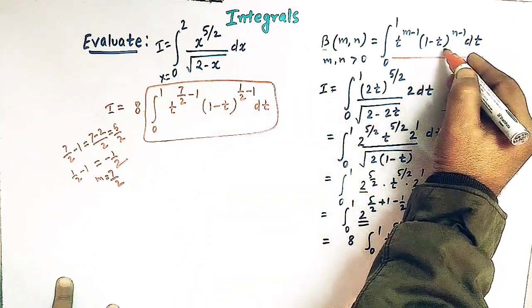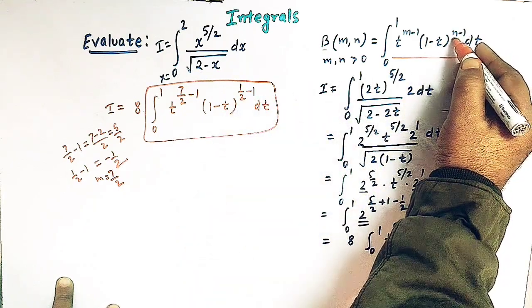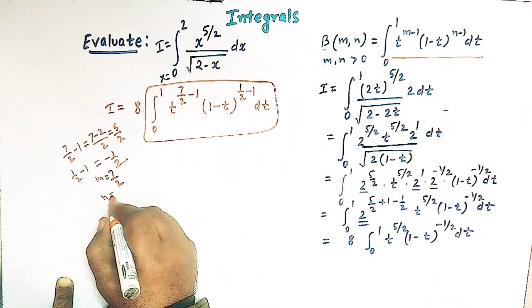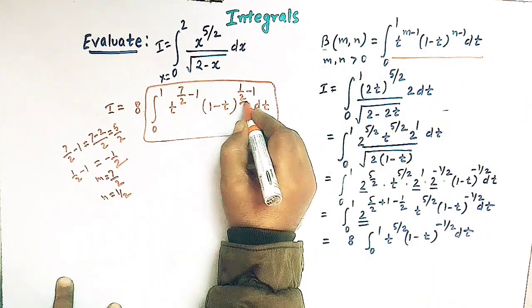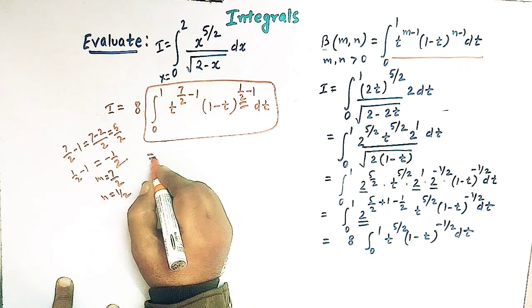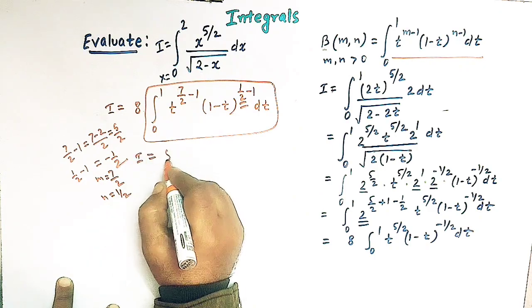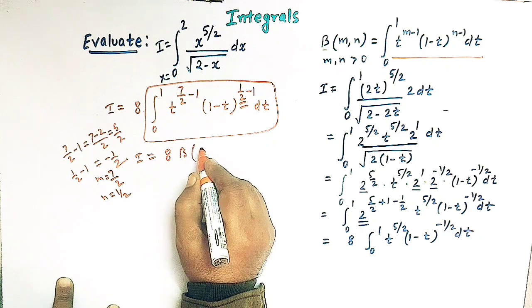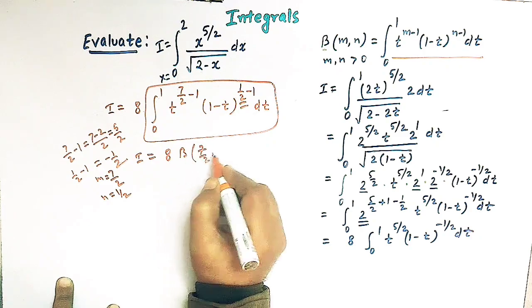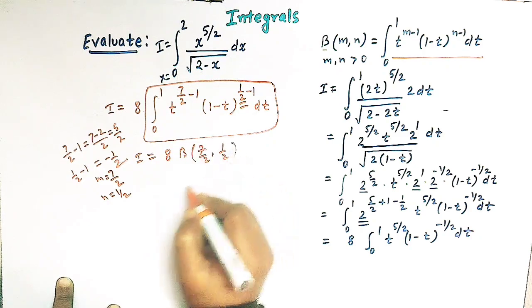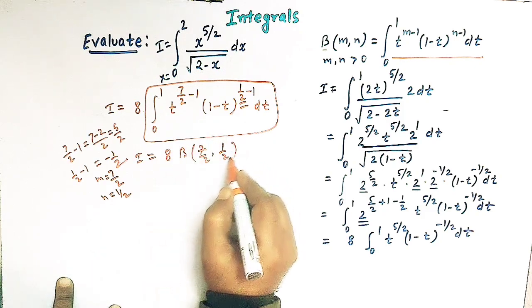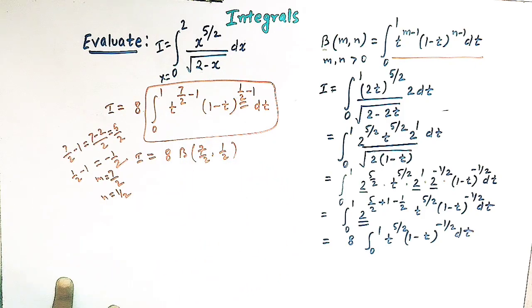So here we have 1 minus t raised to n minus 1. So comparing again, we can now write n is equal to half, right? So now we can write this integral I as 8 times the beta function, that is beta 7 over 2 comma half, right?